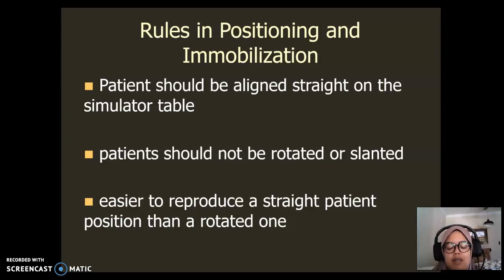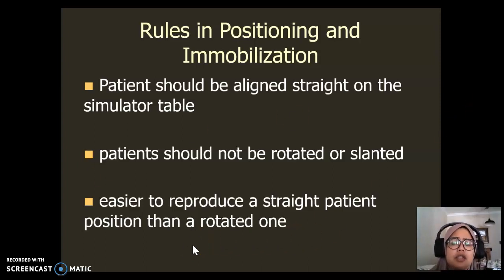The alignment is checked using x-ray. One way to make sure that the patient is straight is to align the spine. We take the picture and then see if the alignment of the spine is straight. It will confirm that the patient is not rotated or slanted. Okay.